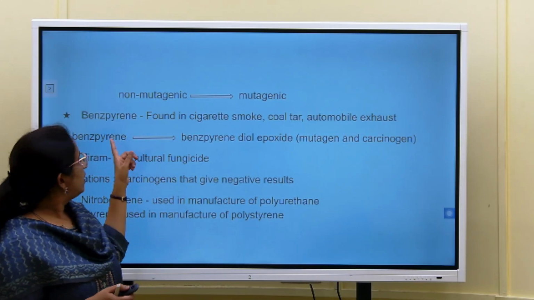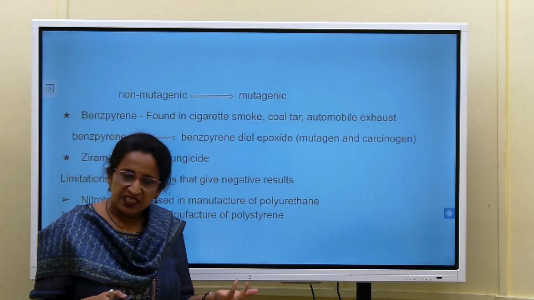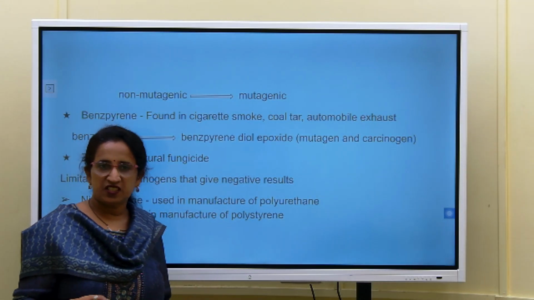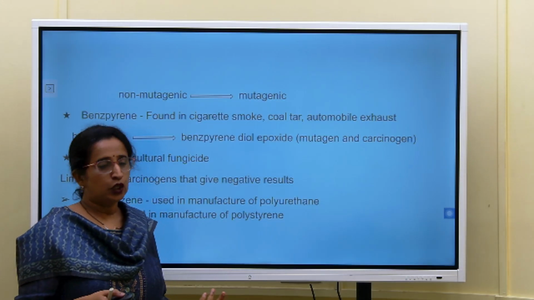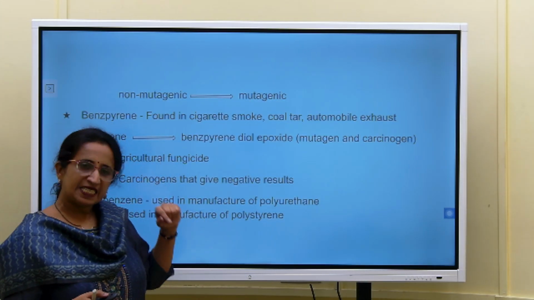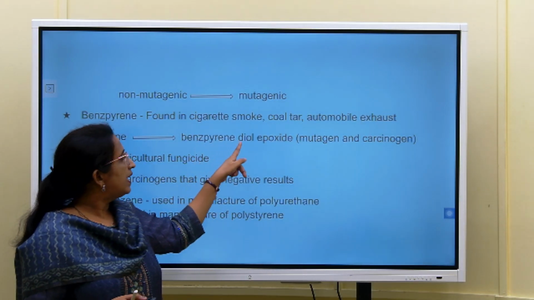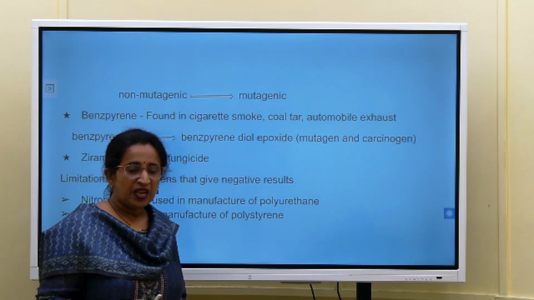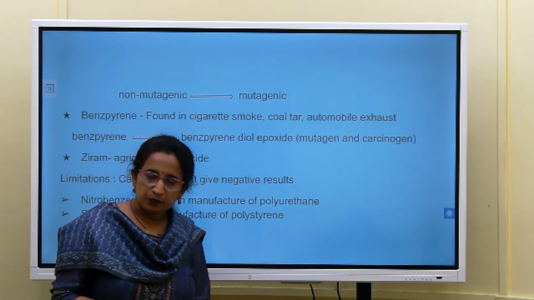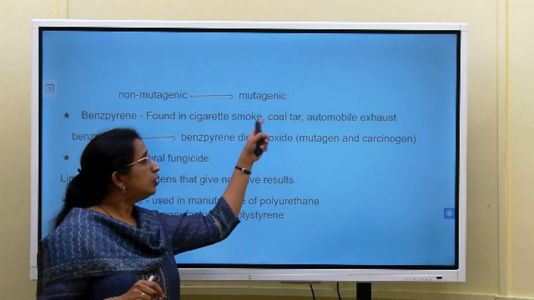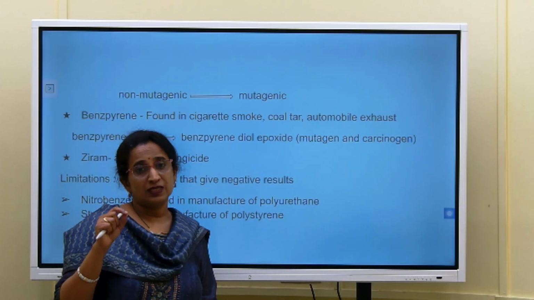If you do the Ames test on benzpyrene without S9 extract, it does not give a positive result. It will give a negative result. But if you do it with the S9 extract, it will be metabolized and converted to benzpyrene diol epoxide. And this chemical is not just a mutagen, but also a carcinogen. So it means that when it goes inside your body, it is able to cause cancers.